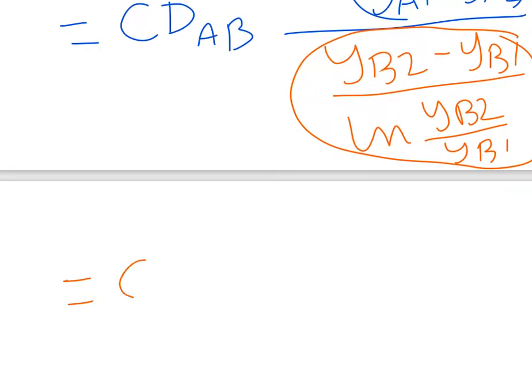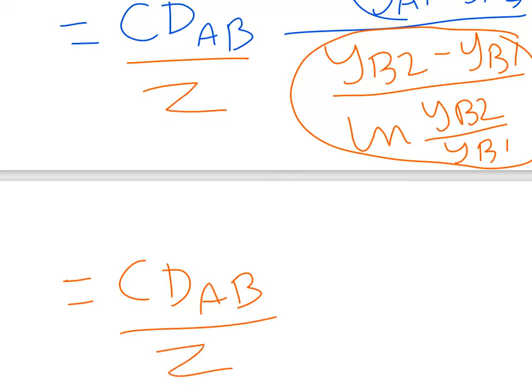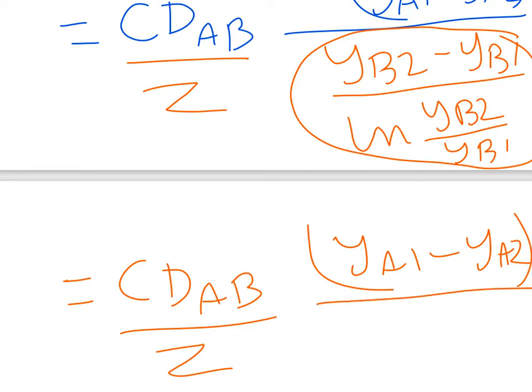So this is CDAB. Yeah, this Z I have missed. Z again is the diffusion path, measuring the height of the liquid from the top. So that's Ya1 minus Ya2 divided by yb log mean.